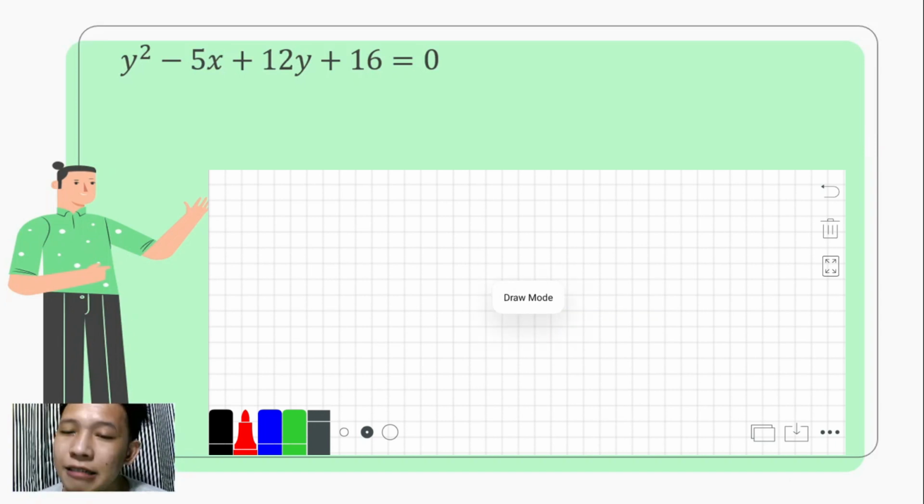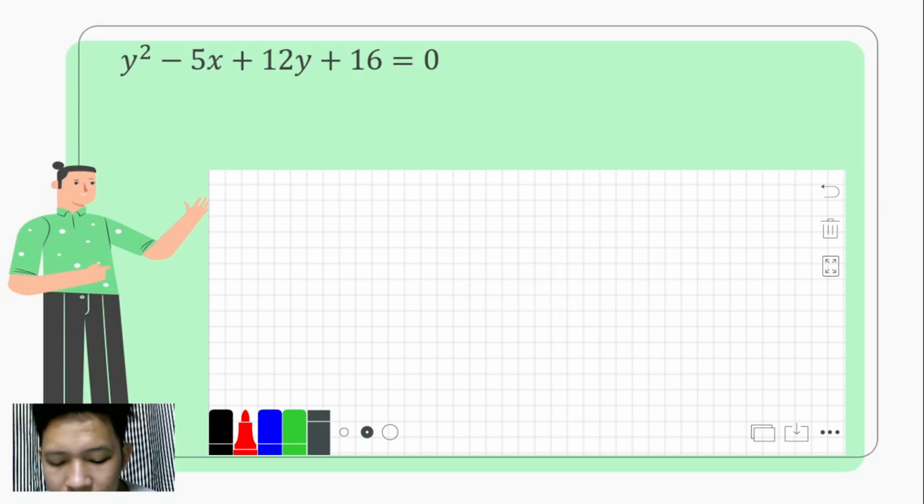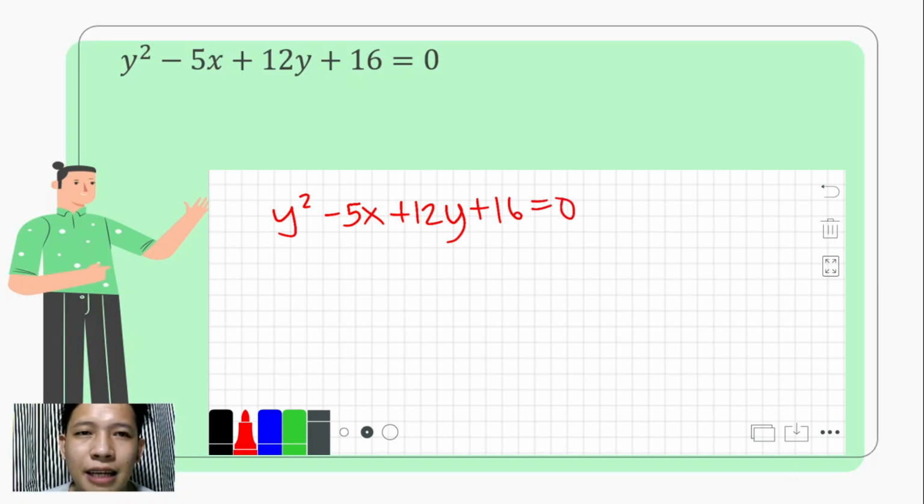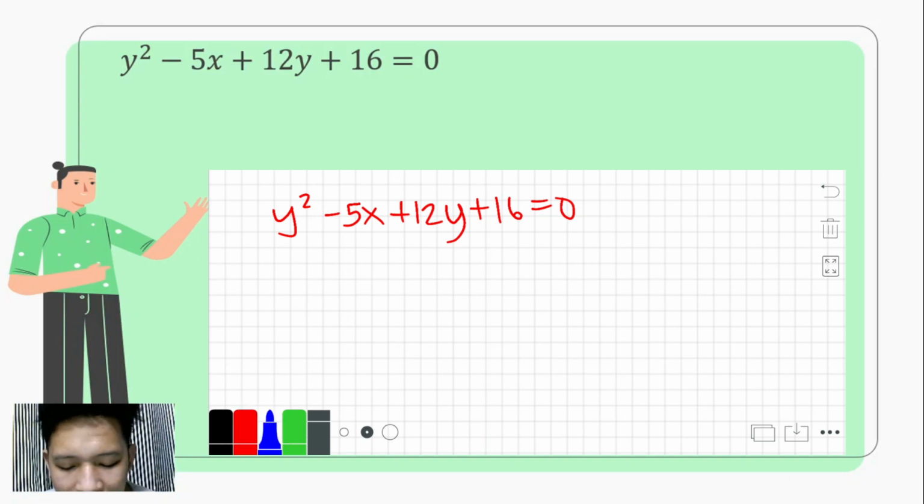So for us to transform this into standard form of the equation, what we're going to do is first to rewrite that. That is y squared minus 5x plus 12y plus 16 equals 0. Then, ang gagawin natin, i-group natin yung magkakapareho. And I am actually talking about the y terms here.